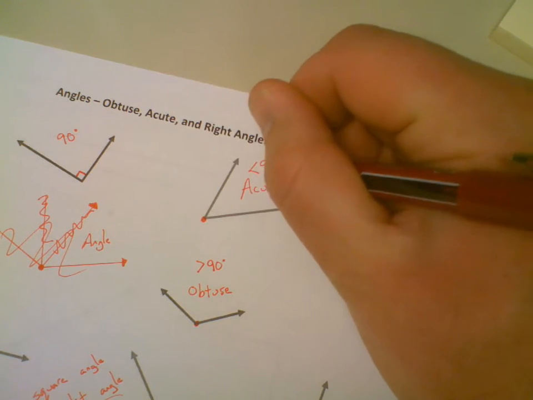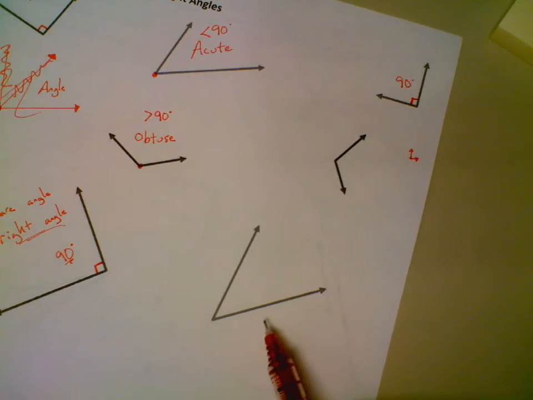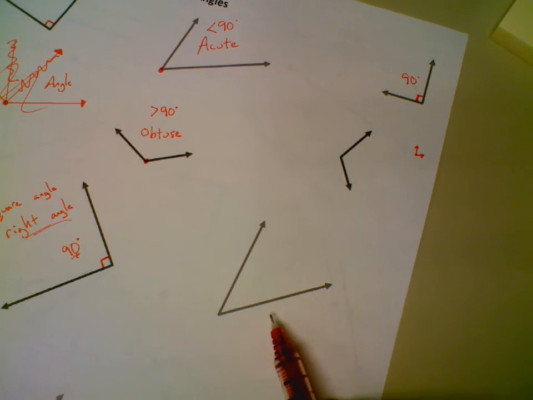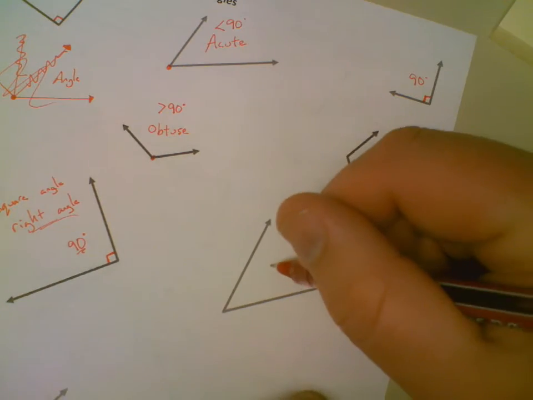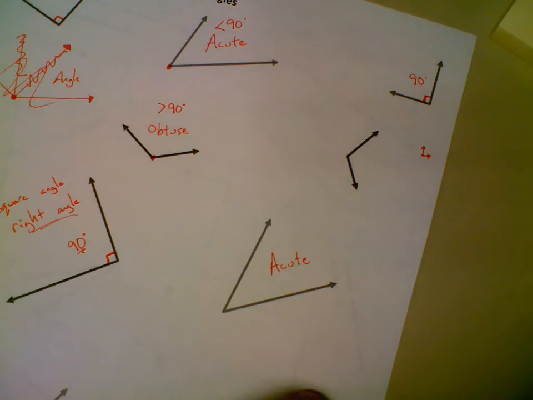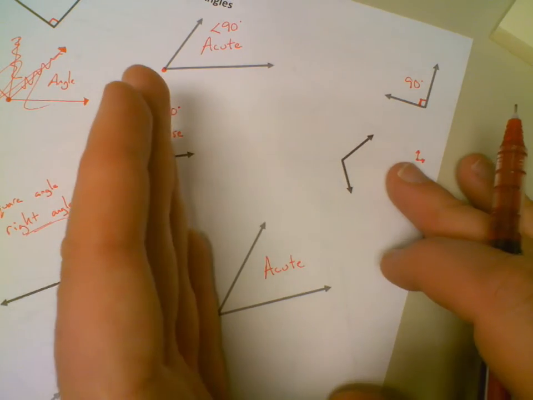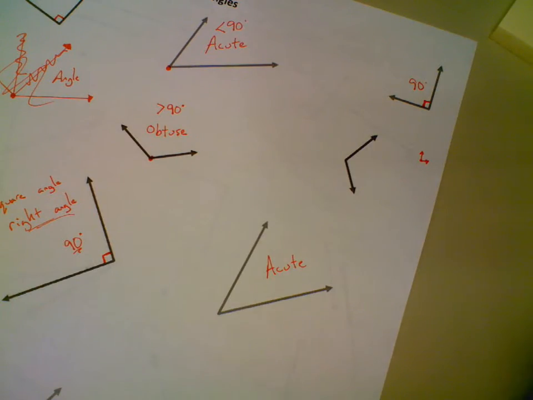Less than 90. All right, acute or obtuse? Definitely acute. Less than 90 degrees. I'm guessing maybe about 60, maybe 70 degrees. It's kind of like a 90-degree angle that got shortened a little bit.